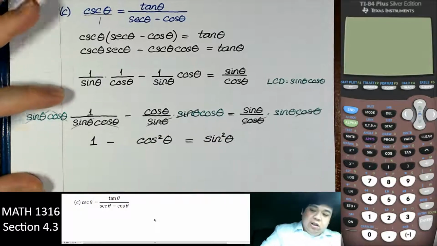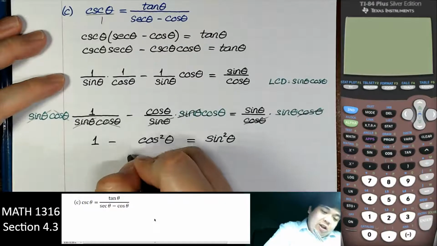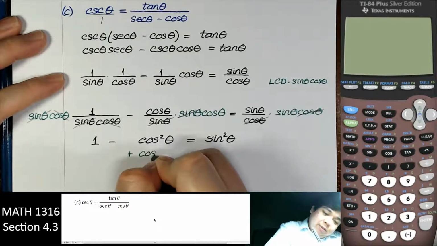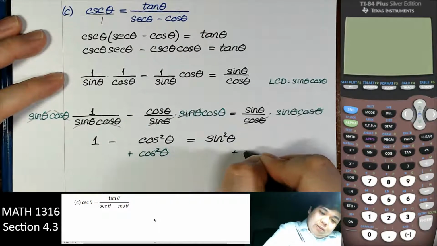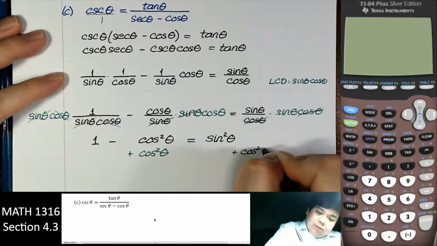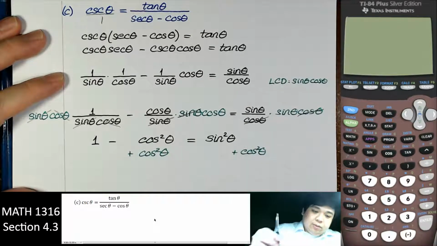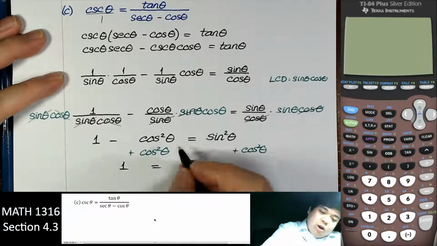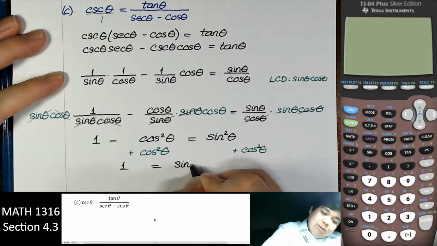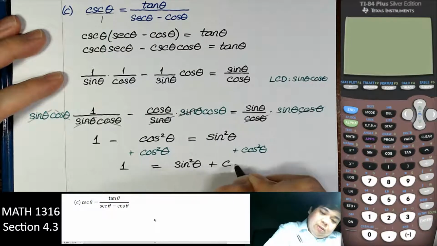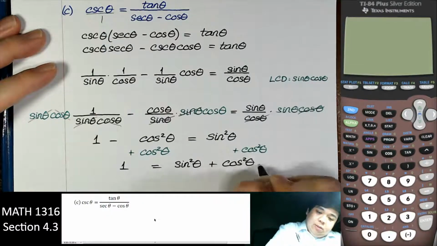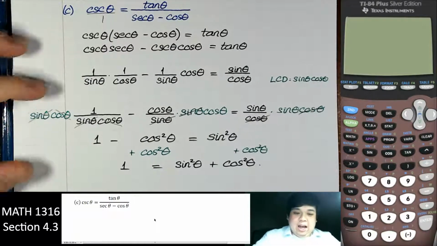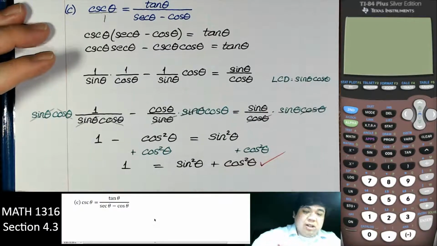And then we just move the cosine square to the other side. As we have 1 equal to sine square plus cosine square. And of course that is the Pythagorean identity.